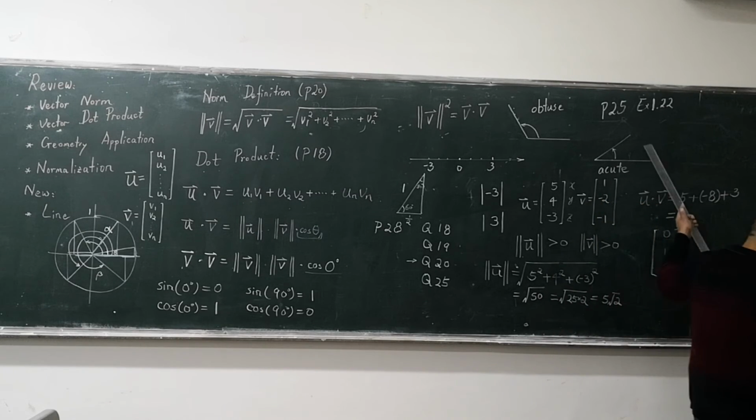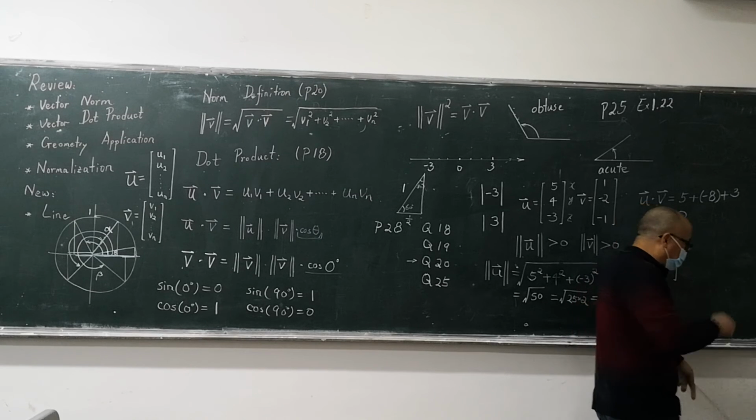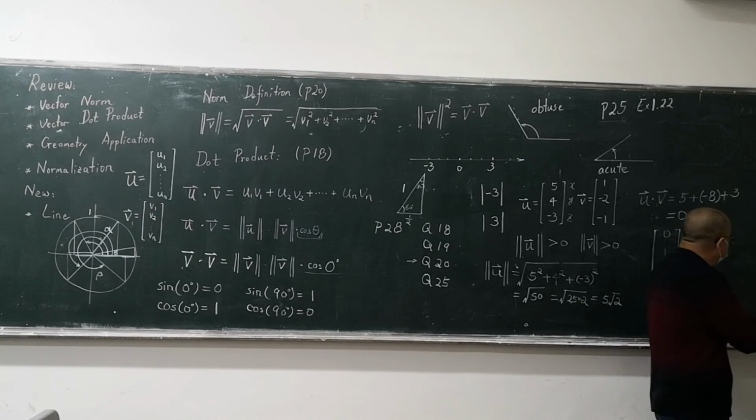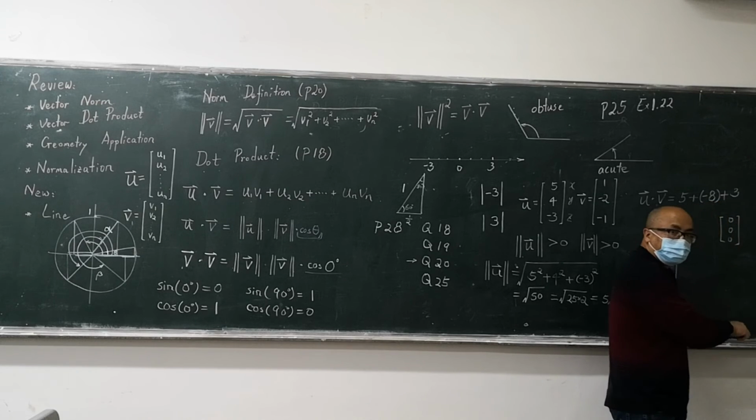It's the first vector in the book, 0, 1, 1. The origin is 0, 0, 0.